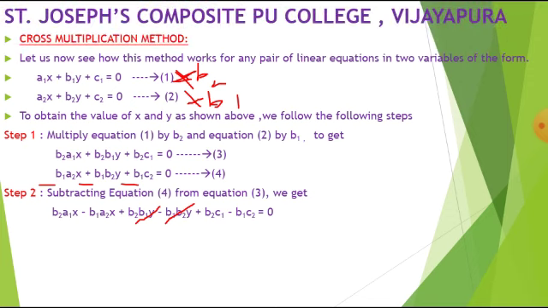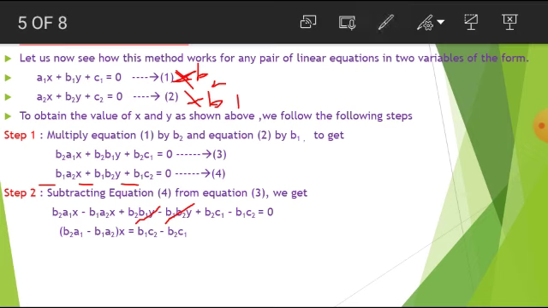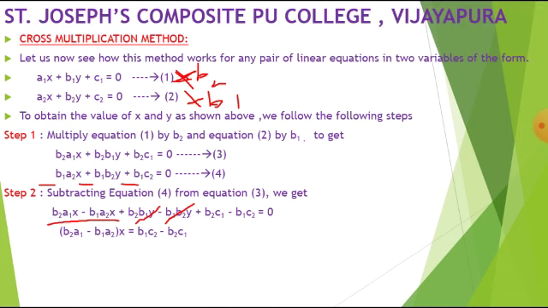So what will be remaining after this? x is common, so we have taken it outside. So (b2a1 minus b1a2) x is equal to b1c2 minus b2c1. Next, x is equal to b1c2 minus b2c1 divided by b2a1 minus b1a2.